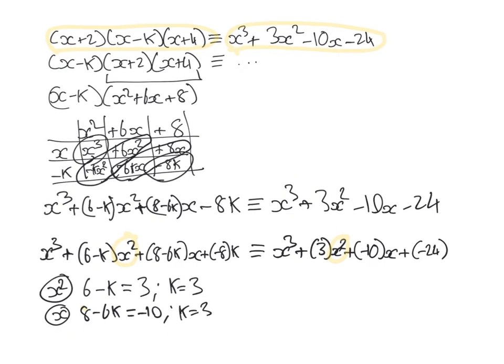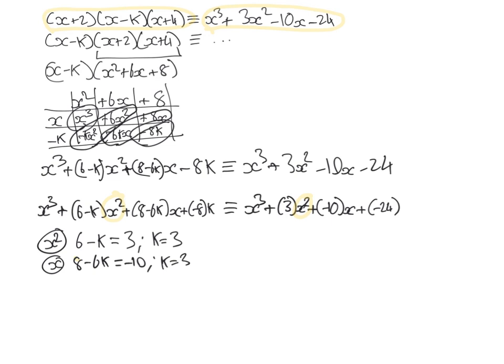Nice and sensible. And then the constant itself, now, if we want to be really posh, we know that was the x squared, that's x to the power 1, and this is actually the x to the 0 term. But x to the 0 is 1, which is why we get a constant. So we have minus 8k. Actually, I've made a mistake there. Hang on, let me rub this out.